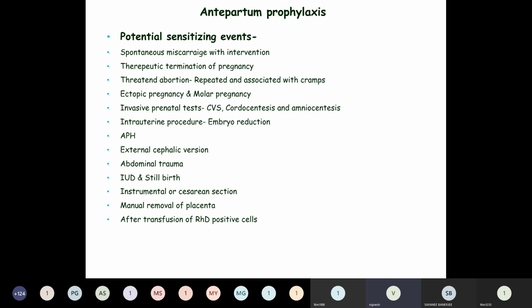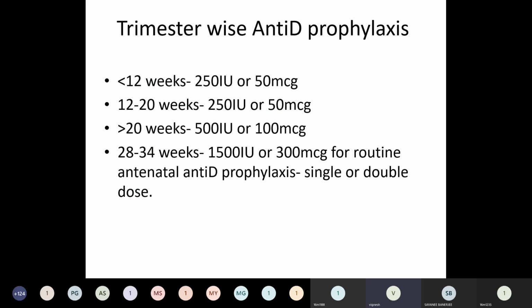So how do you give and how much you give, we will discuss. So trimester wise, you decide the antenatal prophylaxis. If the event occurs in the first trimester, that is less than 12 weeks, you give 250 international units or 50 micrograms.